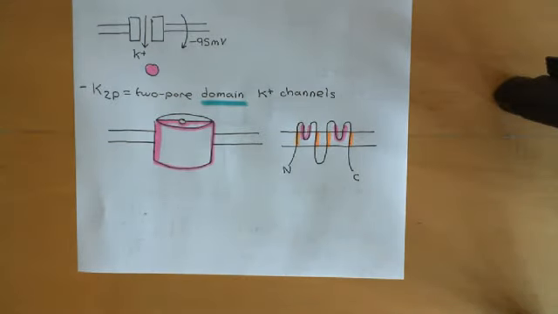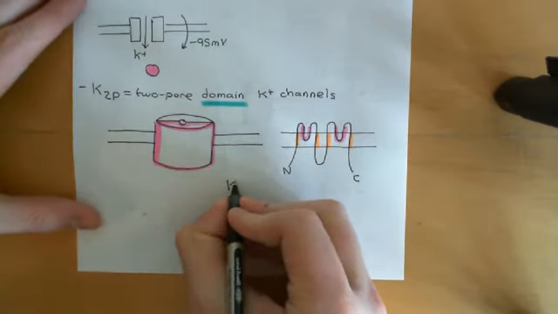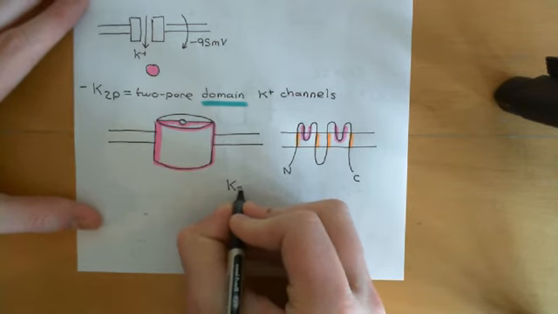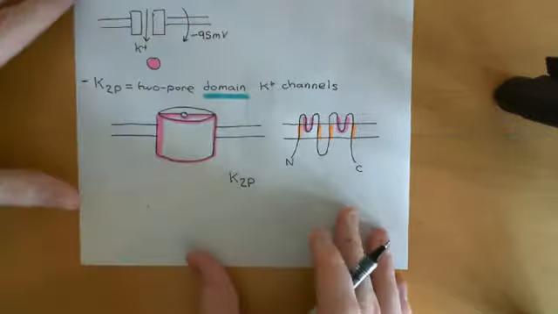Right, so there are a lot of different subunits for two-pore domain potassium channels, just as there were for voltage-gated potassium channels, inward rectifying potassium channels, and calcium-activated potassium channels. These are split into 15 different families, but the naming is slightly odd.